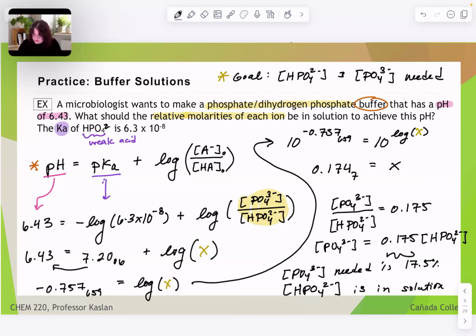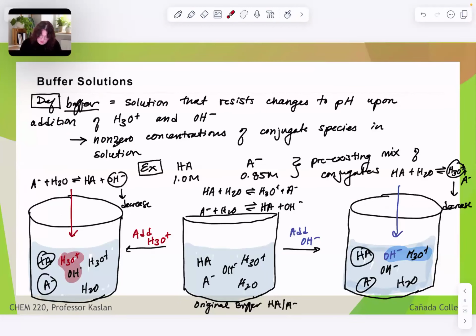Now, remember, buffers are fundamentally things that resist changes to pH. However, these are not things that can resist changes to pH indefinitely. Meaning, this Le Chatelier process of shifting right, shifting left to accommodate the fact that each of these things have been neutralized is something that can be exhausted.